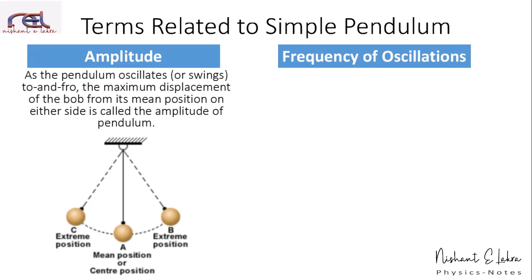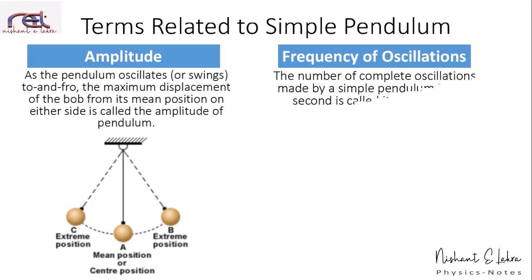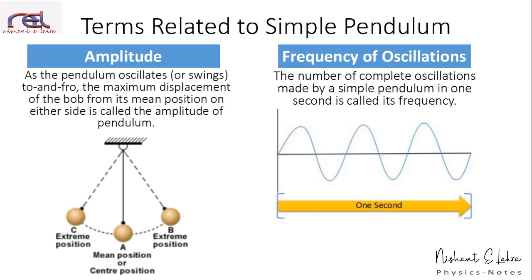The next term is frequency of oscillations. It is the number of complete oscillations made by a simple pendulum in 1 second.